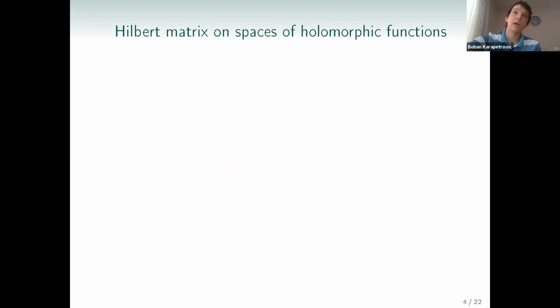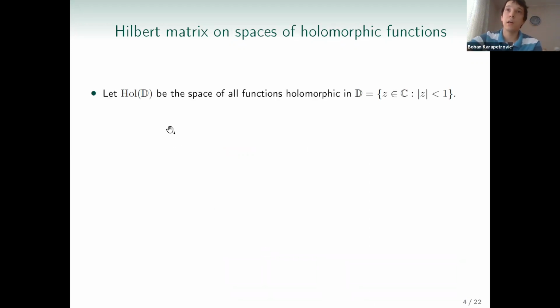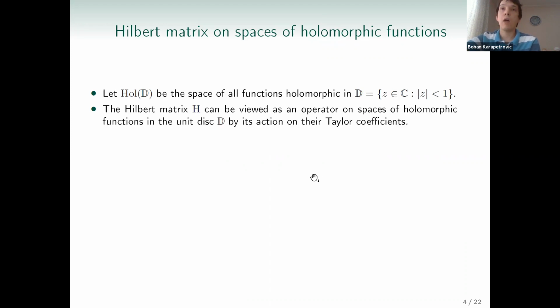So first we have this standard notation, Hol(D), the space of all functions holomorphic in the unit disk D in the complex plane, of course with center at 0. Now, H can be viewed as an operator on spaces of holomorphic functions in the unit disk by its action on the Taylor coefficients.